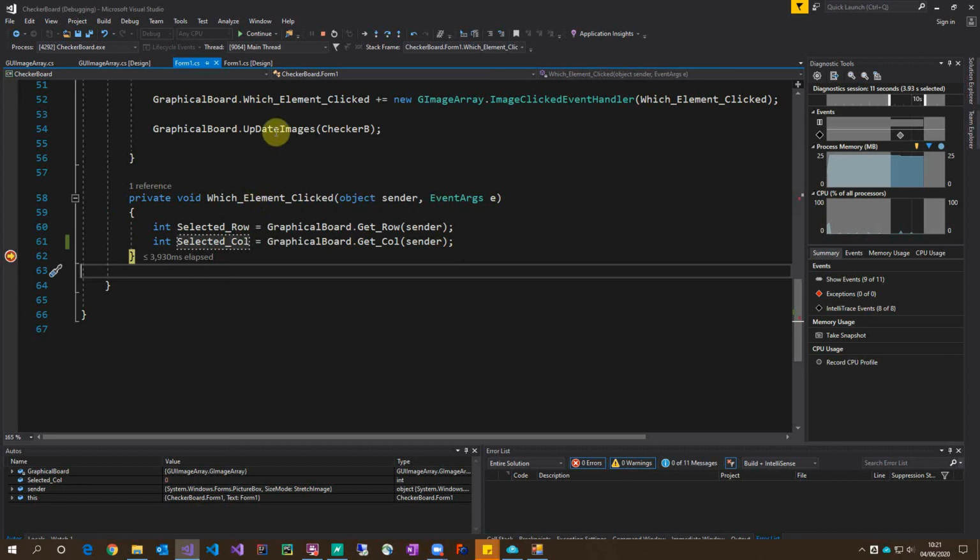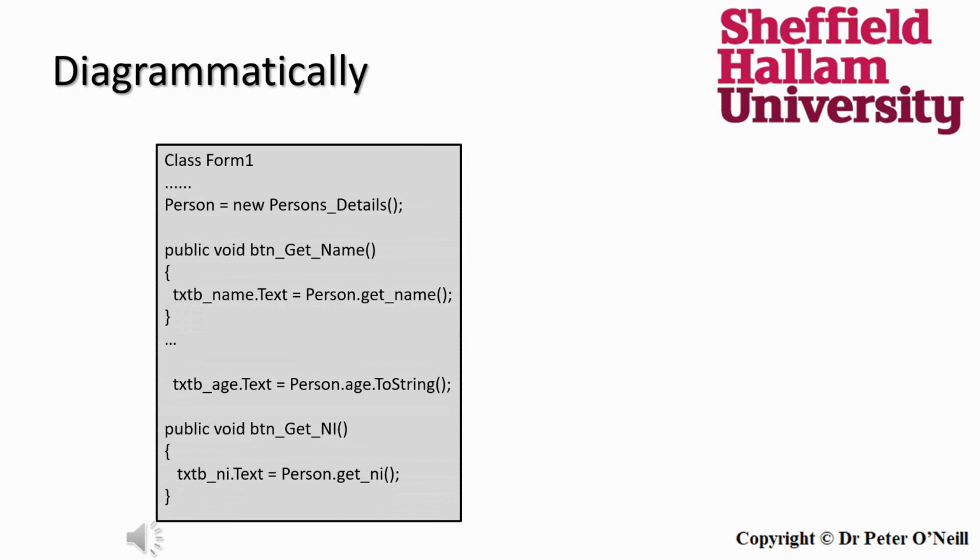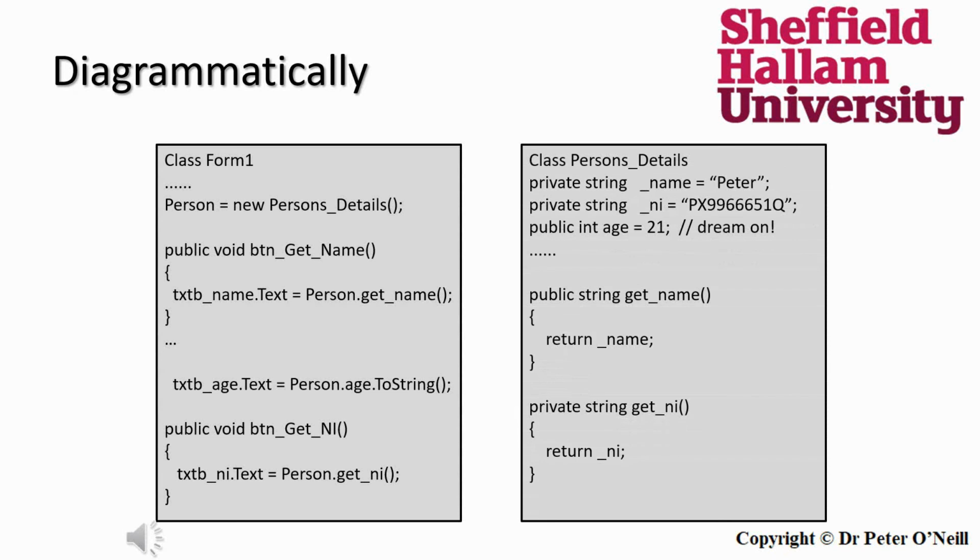So let's go back to the slides now. Okay, so diagrammatically, how do things work? Well, here's our class for our form. Here's our class for person details from the first example of the company.